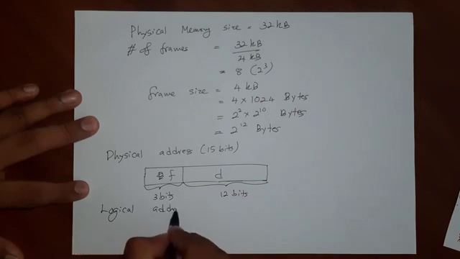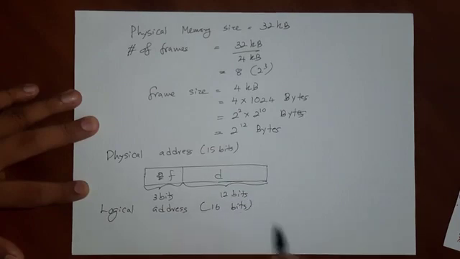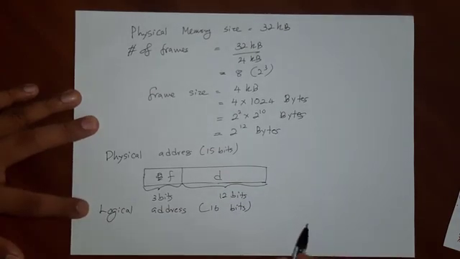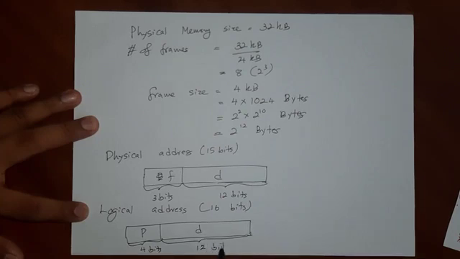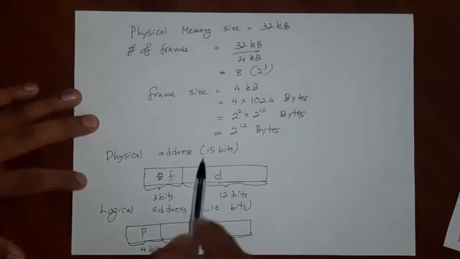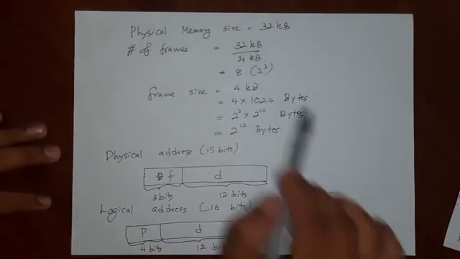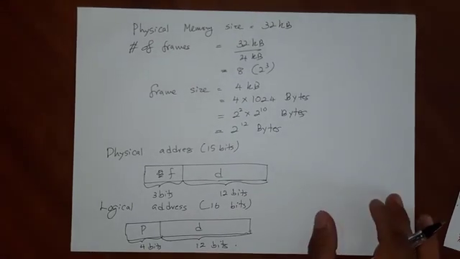Logical address is 16 bits, because we have 64 kilobytes of logical memory, or the virtual memory. It contains page number and the offset, 4 bits and 12 bits. This is how the logical address is made. This is how the physical address is made. You have 32 kilobytes of physical memory and 64 kilobytes of virtual memory. That's how it works.